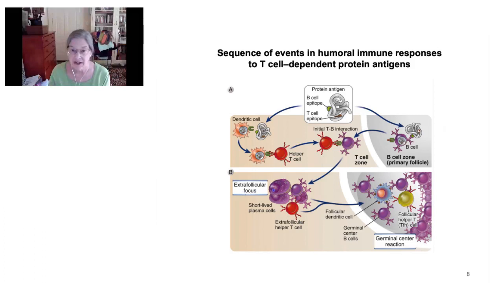So now the protein antigen has come in also and been collected on follicular dendritic cells in the follicle. B cells will come out of the circulation, the same as T cells, naive B cells, and they will pick up that antigen and become stimulated by it a little bit. And when they do, they will then move into that interfollicular zone.